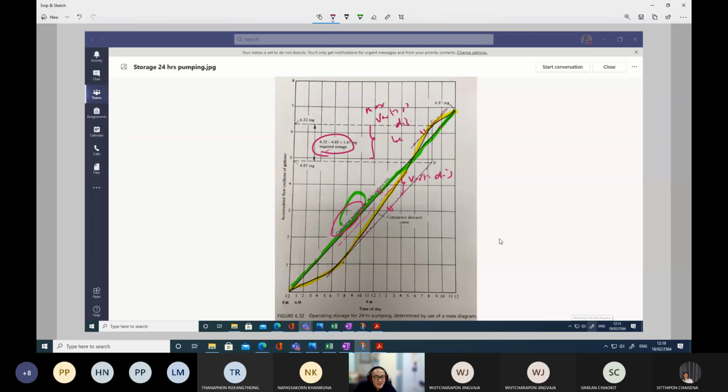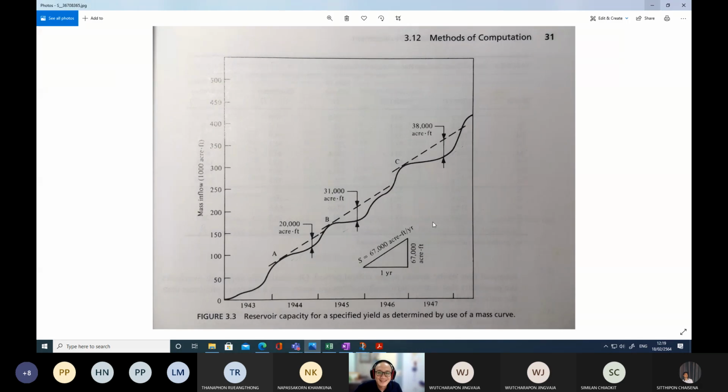So according to this figure, this gives the maximum value, and this will be equivalent to the required storage. Okay. So in some cases, it may look something like this.